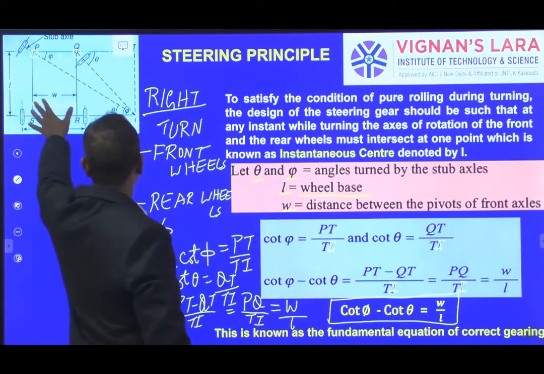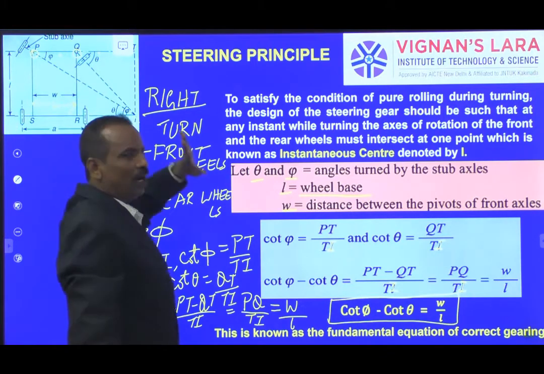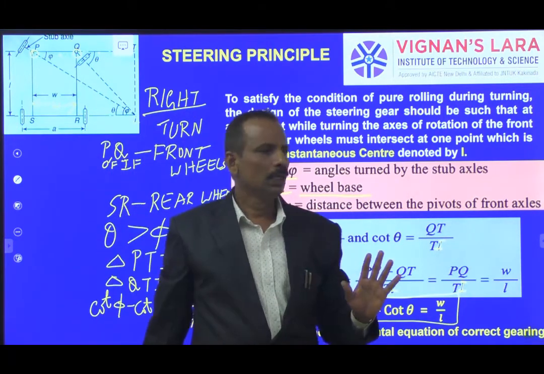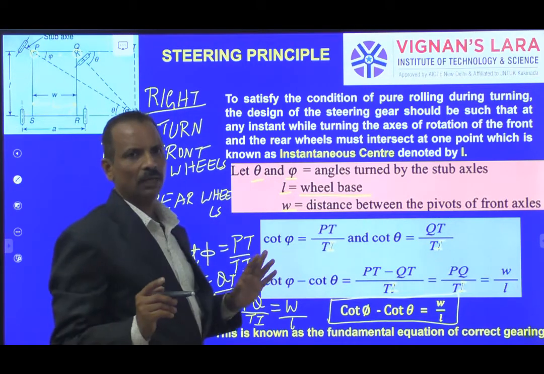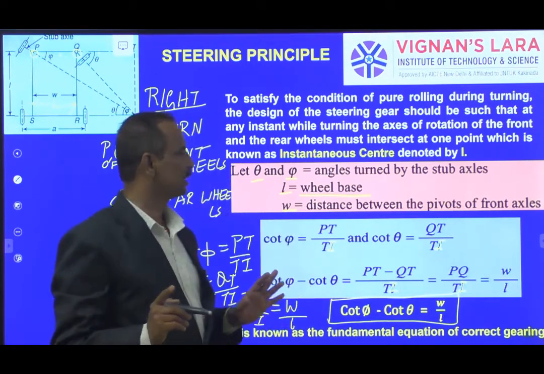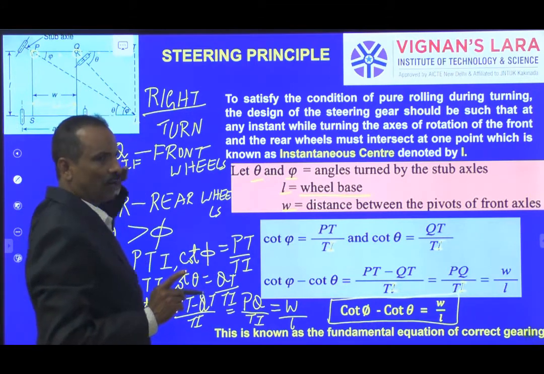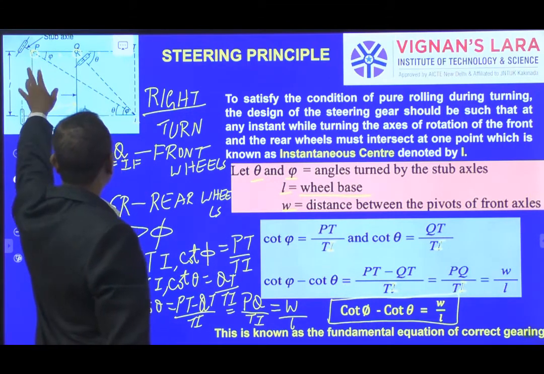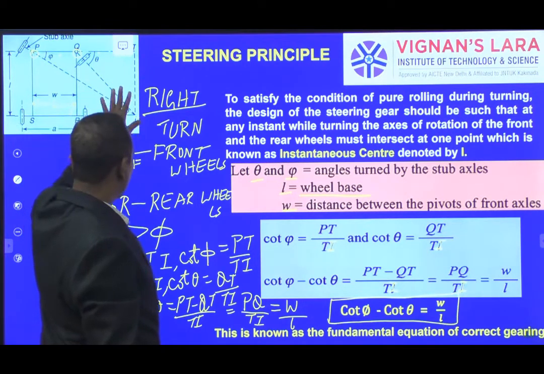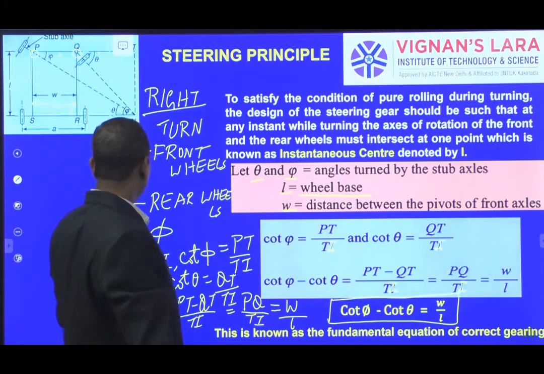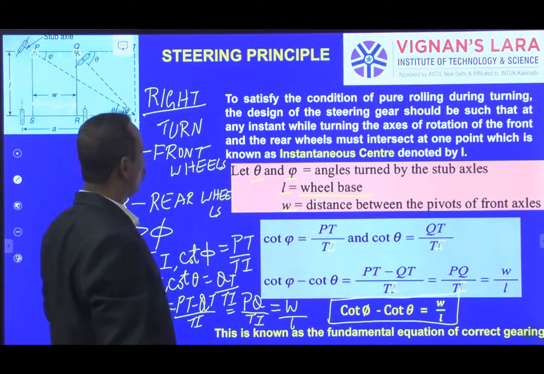That means if you want to avoid skidding of the vehicle, the front wheels and rear wheels all should revolve about a center called the instantaneous center, that is the point I. From the geometry of the two triangles PTI and QTI, I have written cot phi and cot theta values.